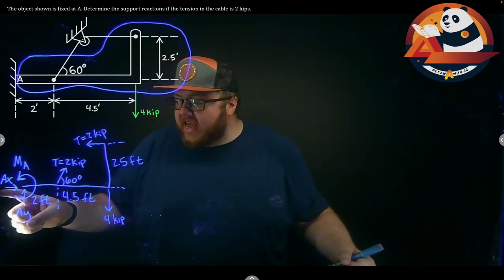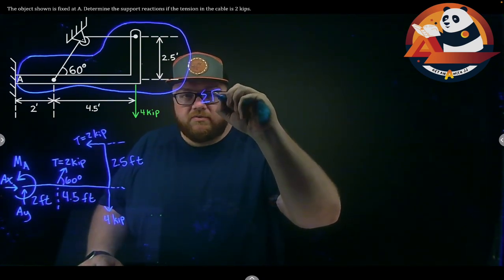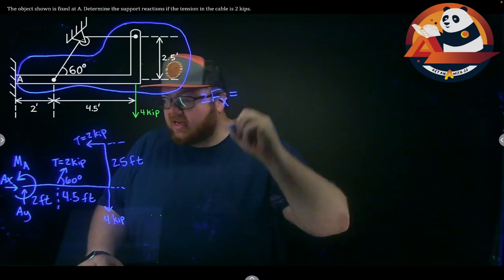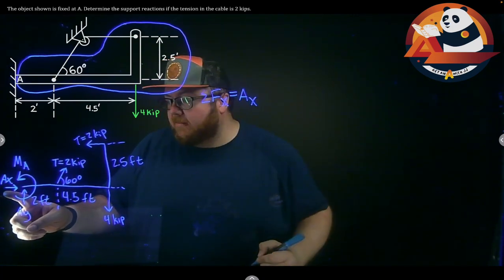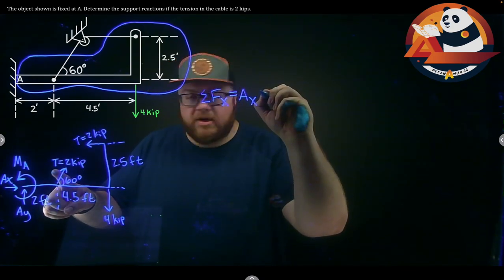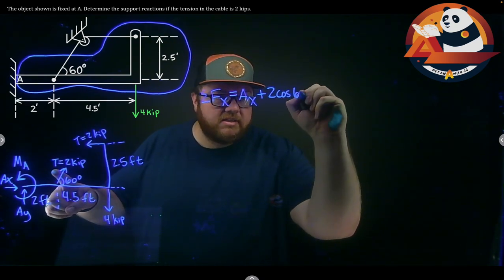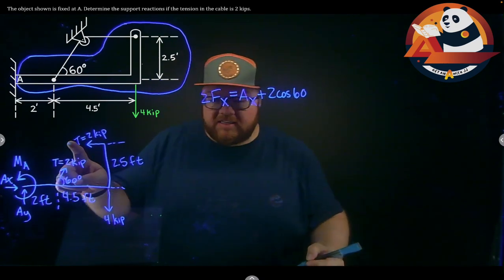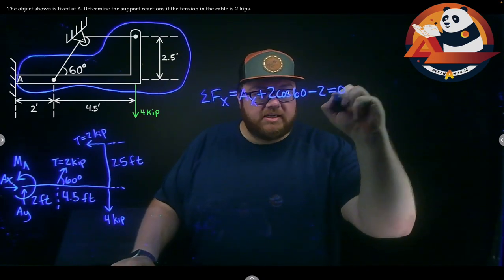If I sum forces in the X, AX is my only unknown. So let's start there. Summing forces in the X direction, I have AX. I guessed that it went to the right. I have the X component of one of my cables. It's pointing to the right, so plus 2 cosine 60 minus this cable, minus 2 equals 0.